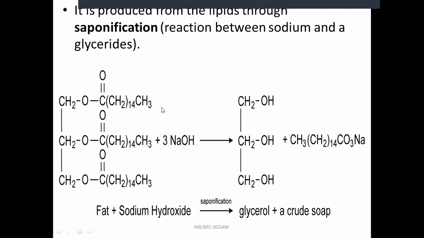So what have we talked about? We've talked about lipids being naturally occurring esters of fat acids and alcohols. We've talked about the structure of fat acids.